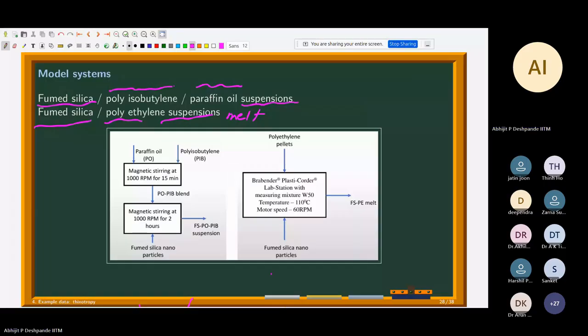In one case we just use stirring to make the suspension. In the other case, because it's a melt material, we have to use a plastic corder which can mix particles with polymer melts. Polyethylene pellets are fed to the plastic corder along with the fumed silica, and we get the fumed silica polyethylene melt as an output, which is well mixed.